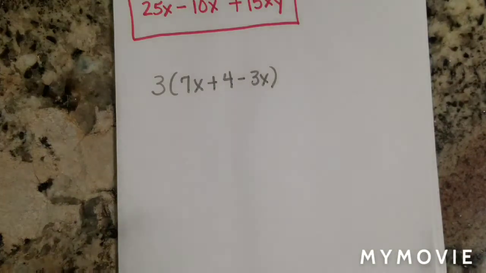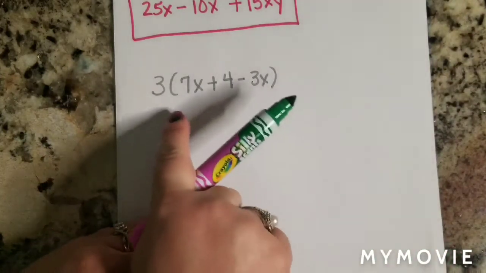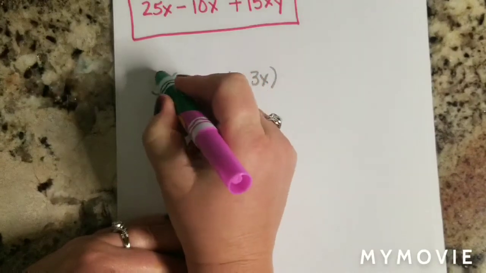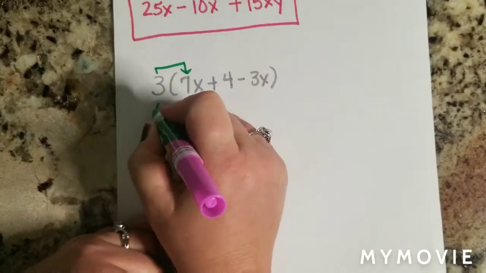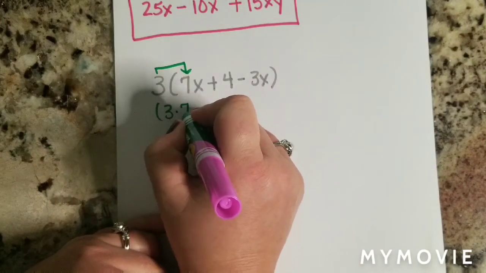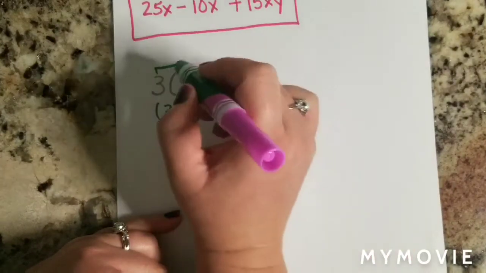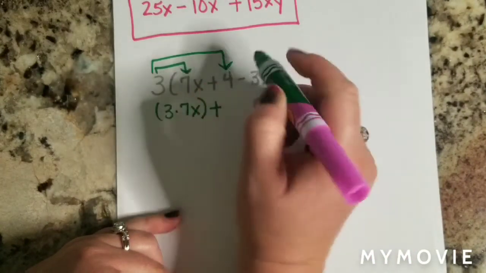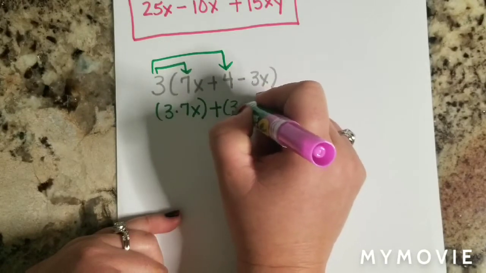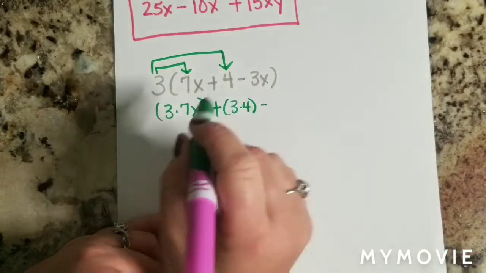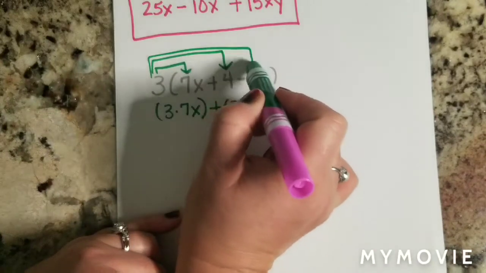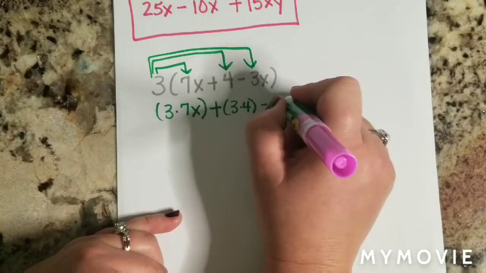Okay, so if I were going to trick or treat all the houses, I would say 3 times 7x. Bring down the plus sign. 3 times 4. Bring down the minus sign. And 3 times 3x.